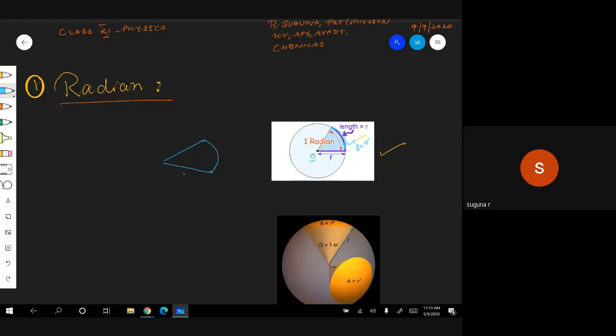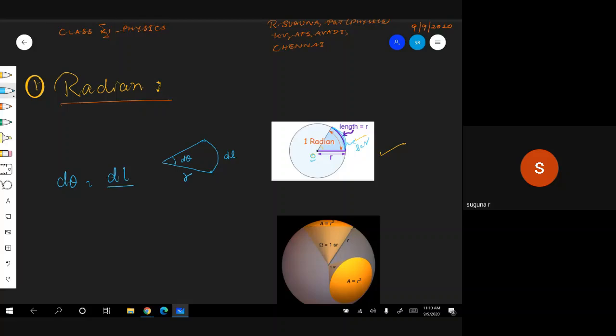Therefore this is the radius, and let the small length of the arc be dl, and let this small angle be d theta. What is d theta here? d theta is equal to dl by r, I think you know.